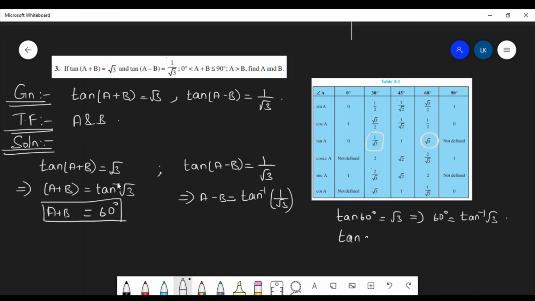Tan 30 degrees is equal to 1 by root 3, which implies 30 degrees is equal to tan inverse of 1 by root 3. Now substitute tan inverse of 1 by root 3 as 30 degrees. Therefore A minus B is equal to 30 degrees.